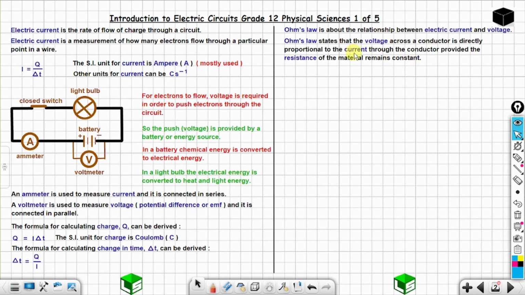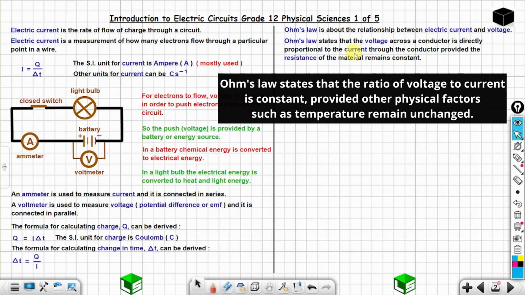Another statement of Ohm's law states that the ratio of voltage to current is constant, provided other physical factors such as temperature remain unchanged.